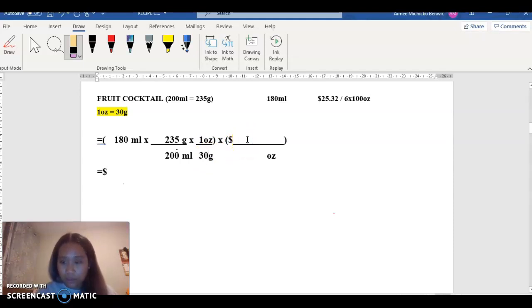And just copy the price, $25.32. So again, 6 multiplied by 100 gives us 600 ounces. So we have 600 ounces here, and then our final answer would be 30 cents.